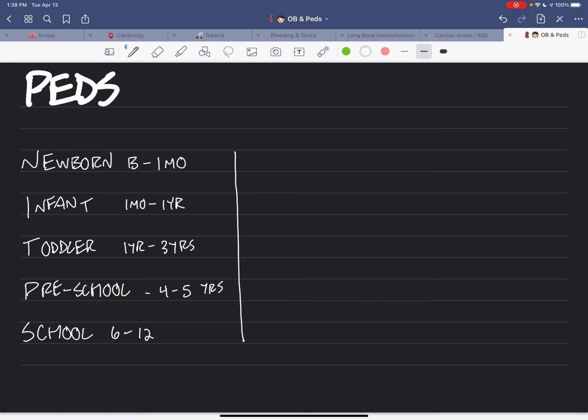Okay, so blood pressure for children, and this is just for systolic, I don't really know how to get diastolic, is the age times 2 plus 90 for the high, plus 70 for the low. So if you have a 10-year-old kid, times 2 would be 20.